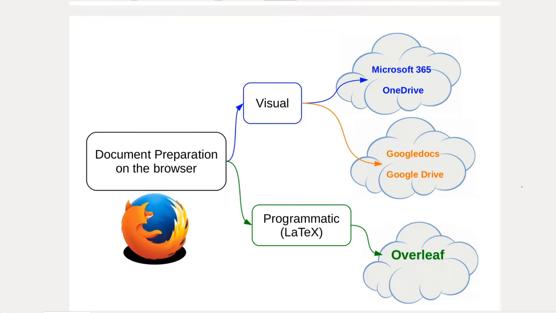And there's also an equally powerful environment using Google Docs. The files will be stored on Google Drive. You can also look at that to make some of your documents.